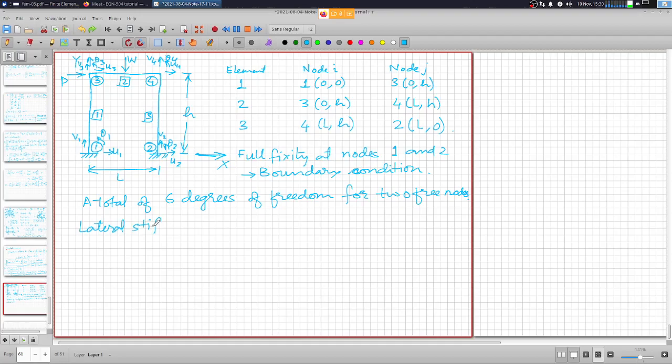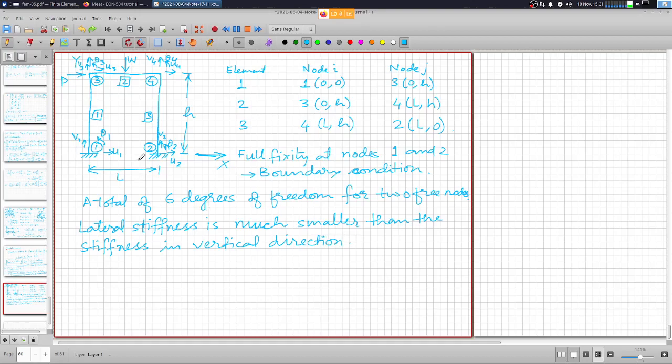Lateral stiffness is much smaller than the stiffness in vertical direction.